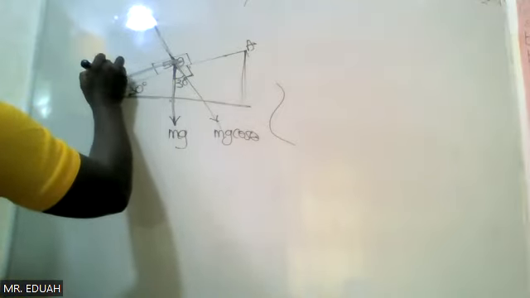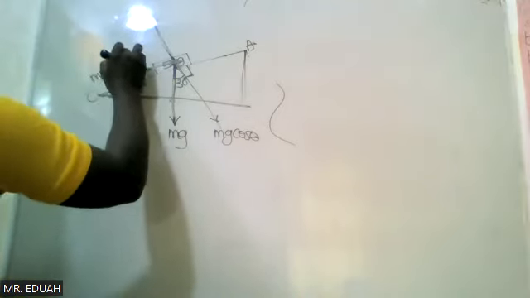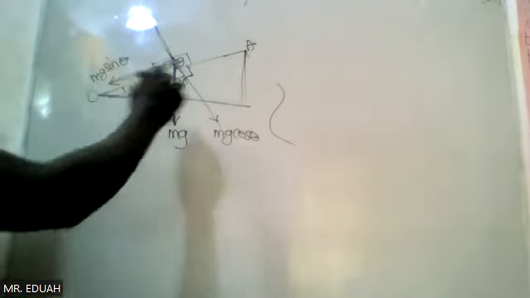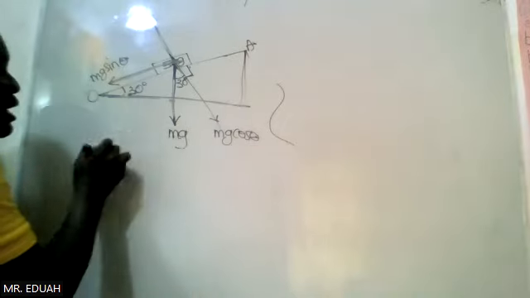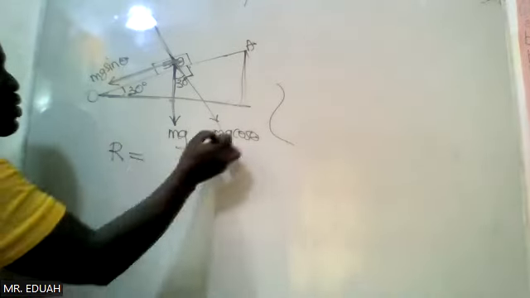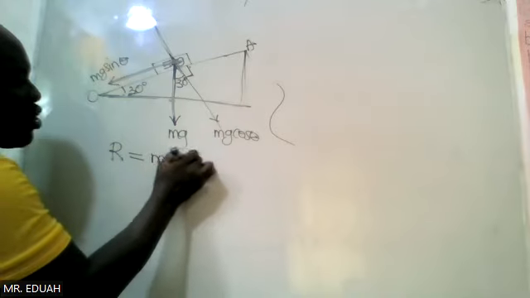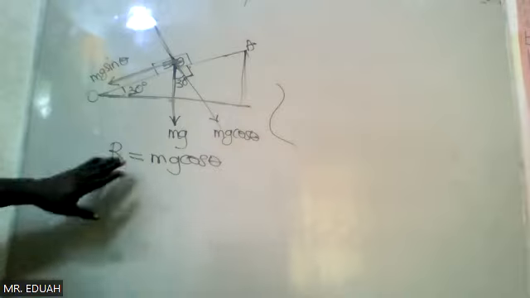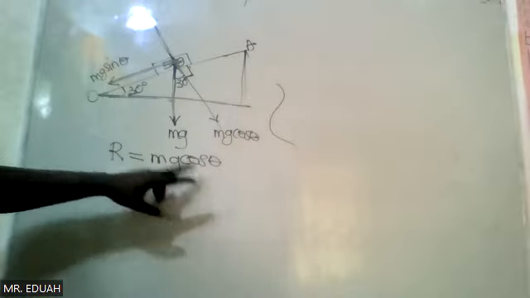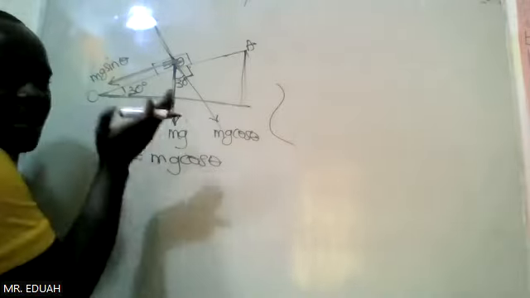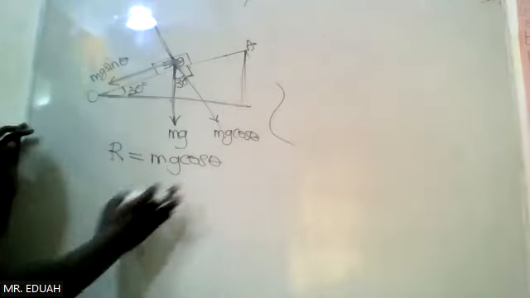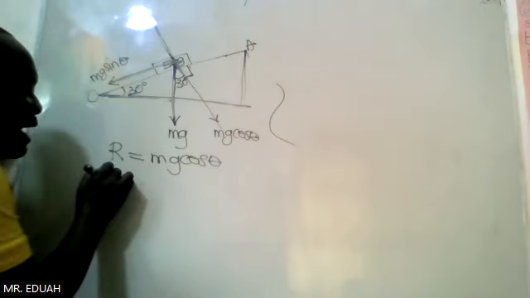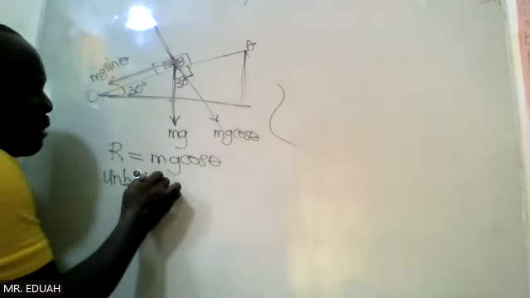If we check equilibrium, the reactional force is equal to mg cos theta. So on an inclined plane, the reactional force is always equal to mg cos theta, the component which is perpendicular to the plane. The mg sin theta is unbalanced. There is no force balancing it.